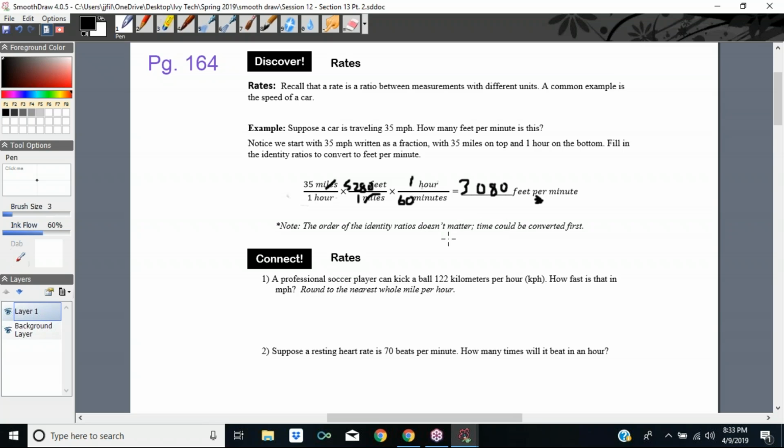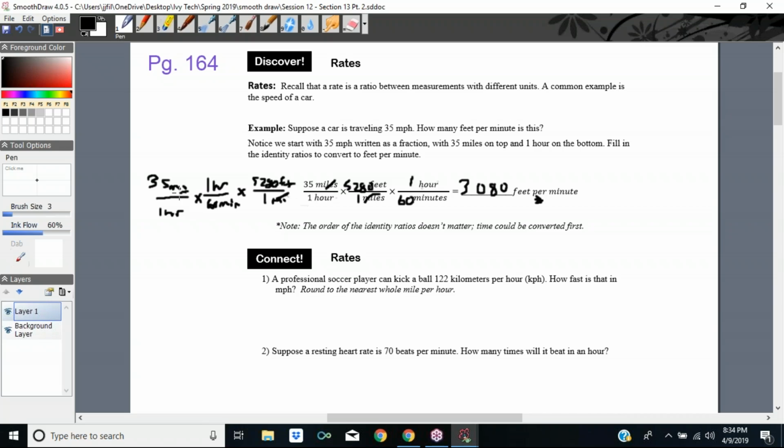So again, the whole key here is watch where those units are. And we could have done this like the note on the bottom there. We could have converted the time first, 1 hour, 60 minutes, and then the miles into feet, so the 5,280 feet, 1 mile.